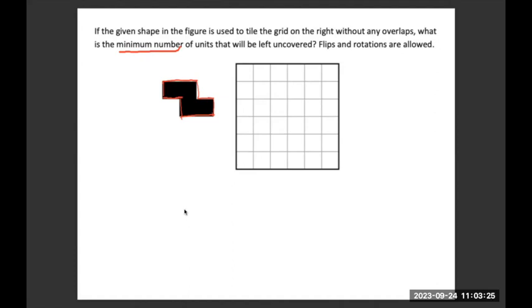Since I have to find the minimum number, I will look for interlocking arrangements. This kind of Z can be arranged in an interlocking form somewhere like this. So this is there. And then likewise, the trio can keep on repeating itself. So if I were to place it here, excuse me.